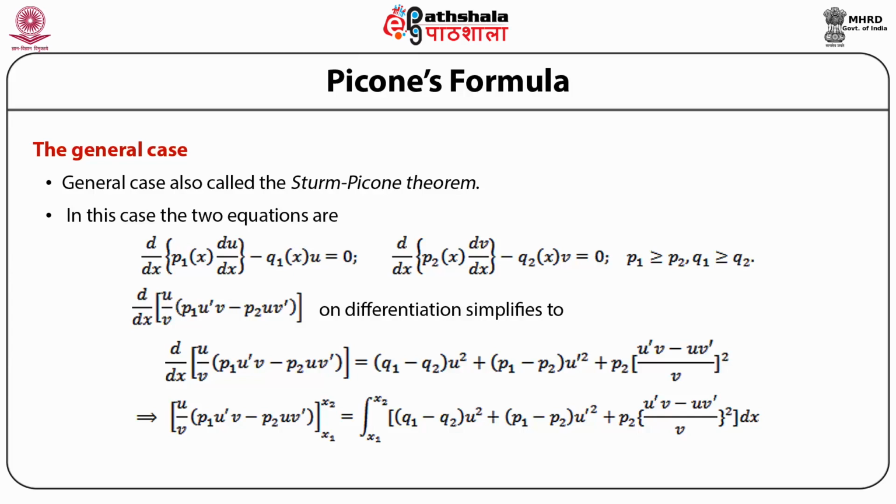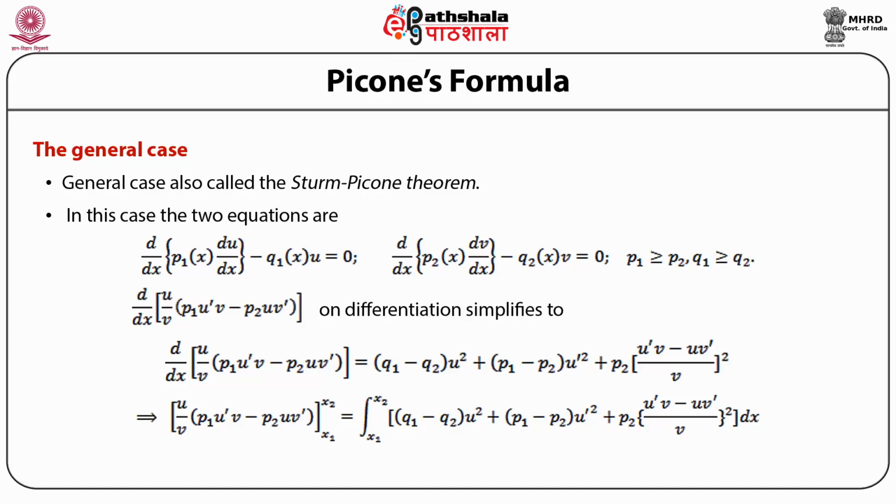On differentiation, this simplifies to d/dx [(u/v)(p1 u' v - p2 u v')], the entire thing in square brackets, which is equal to (q1 - q2) u squared plus (p1 - p2) u prime squared plus p2 (u' v - u v')/v, whole squared.